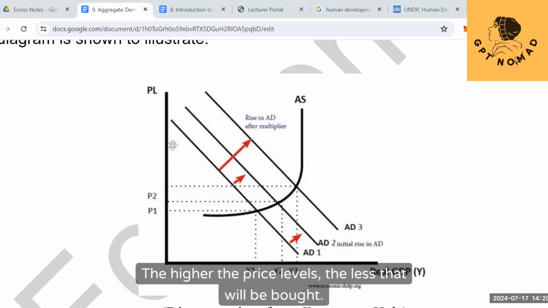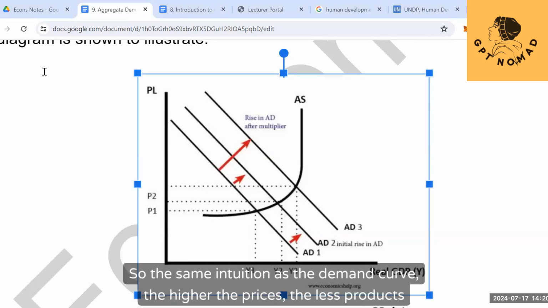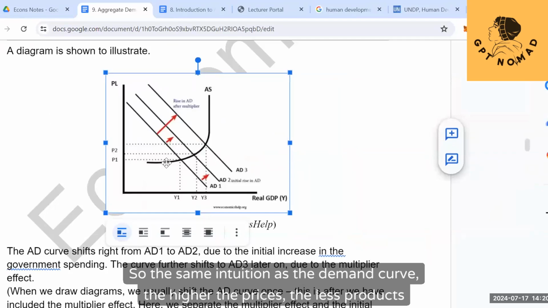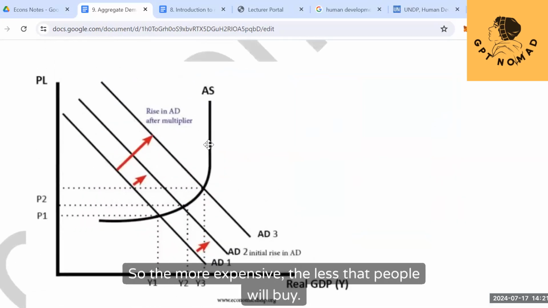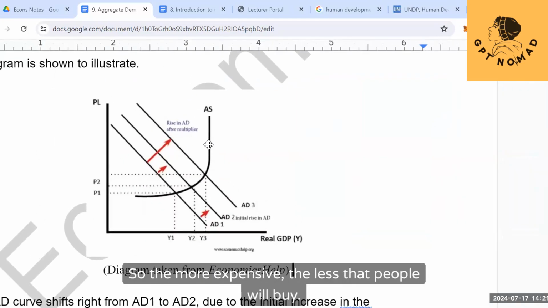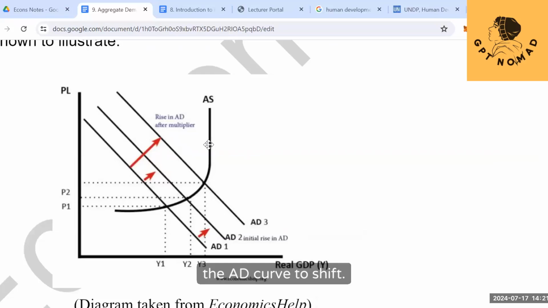The higher the price levels, the less that will be bought. Okay? So the same intuition as the demand curve, right? The higher the prices, the fewer products that will be bought in the economy. The more expensive, the less that people will buy, right? So at any point in time, if there is a change in any of the components of AD, it will cause the AD curve to shift.